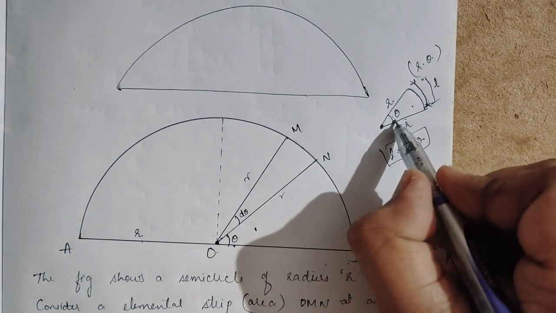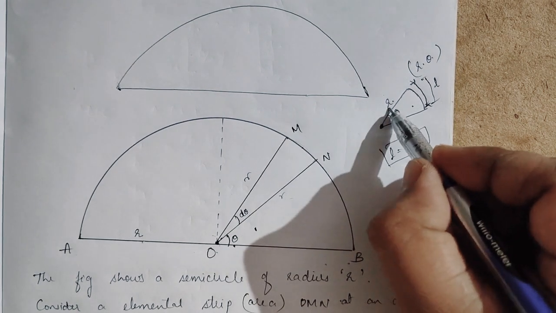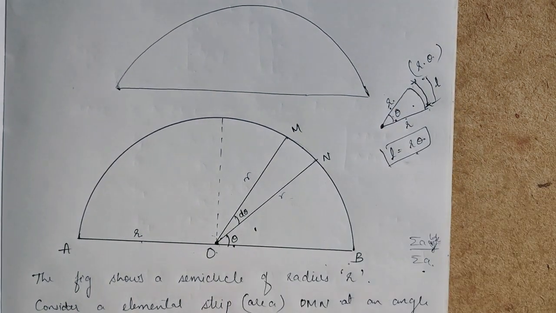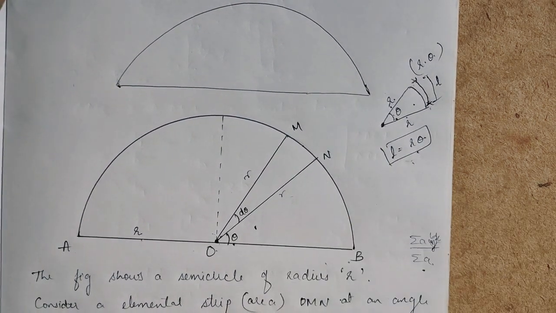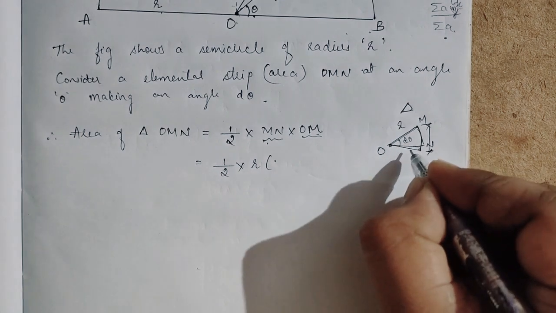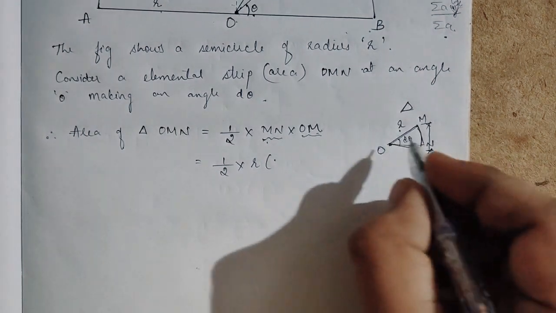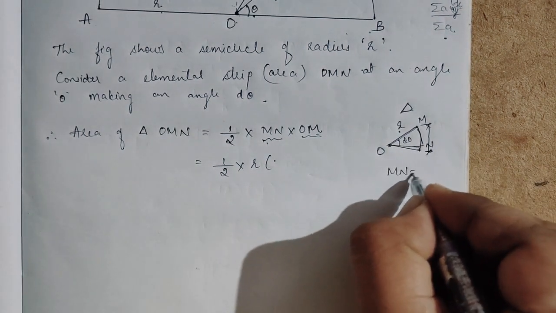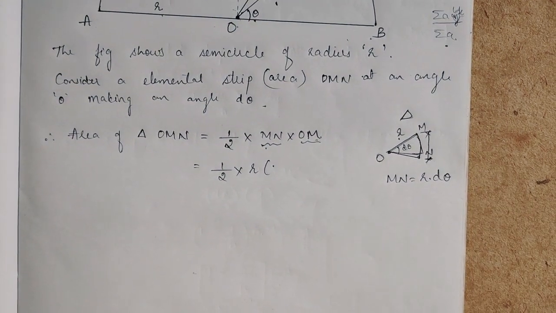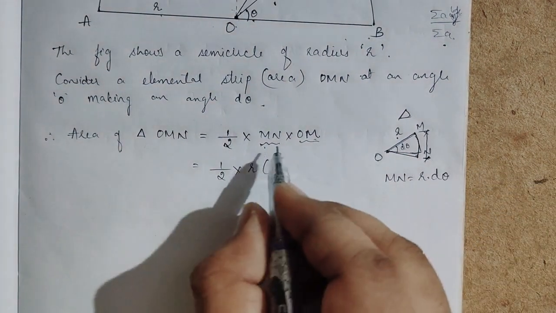If an arc is subtended by angle theta with radius r, the length of the arc is r theta. Same rule here: the angle is d theta, the radius is r, so MN is equal to r into d theta, the length of the arc.